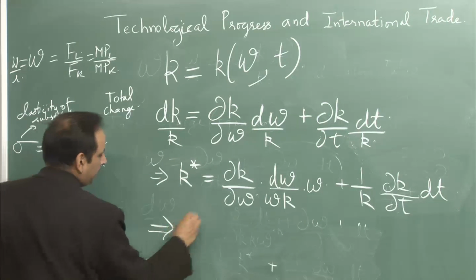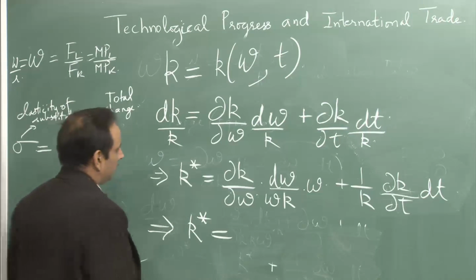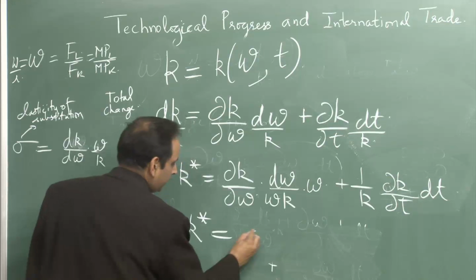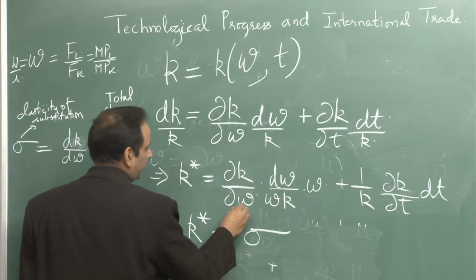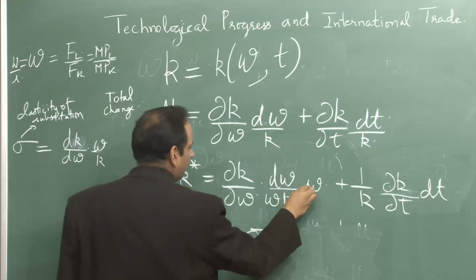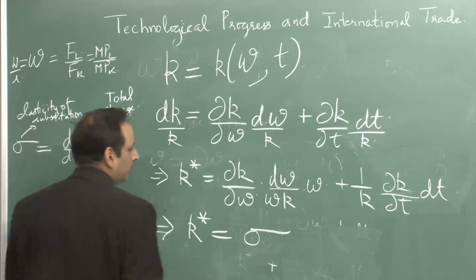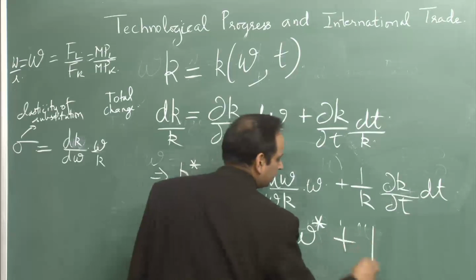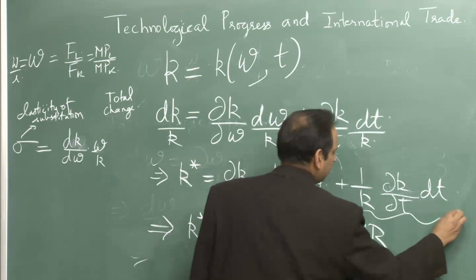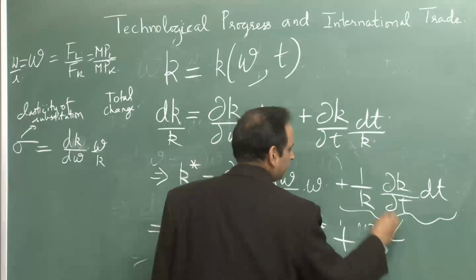So, this implies K star is equal to sigma, the elasticity of substitution, which is del K del W, times omega star, plus beta. We call beta this term.